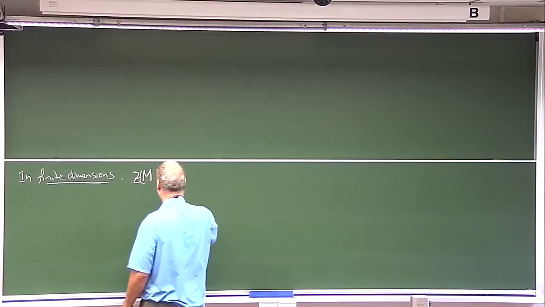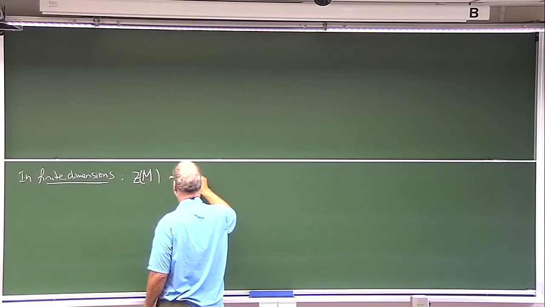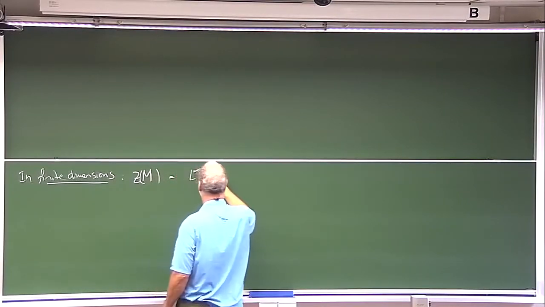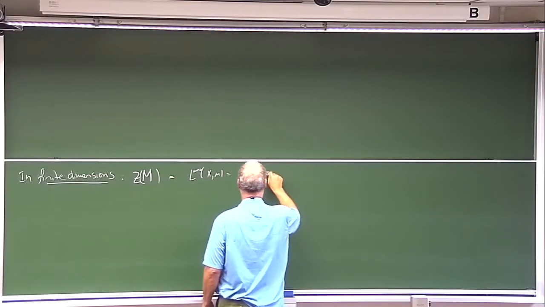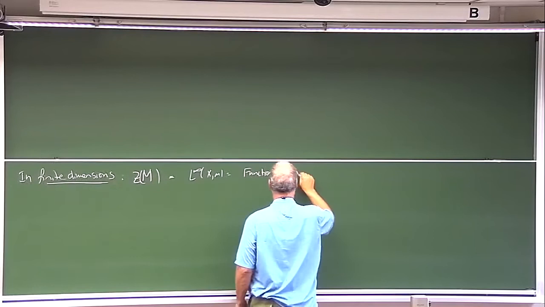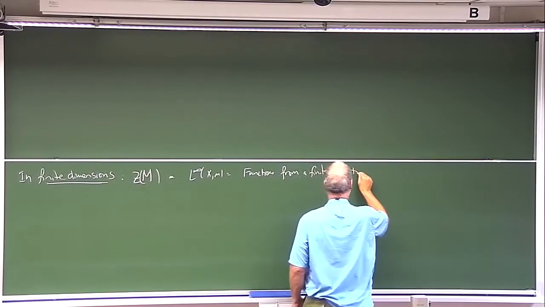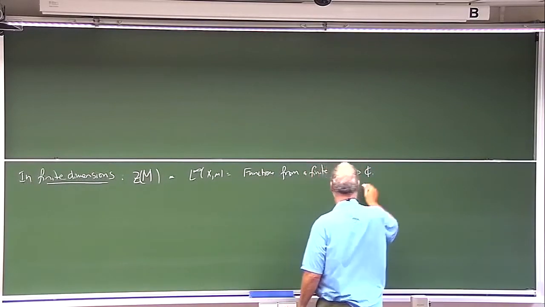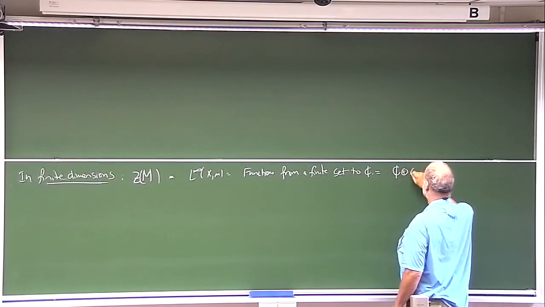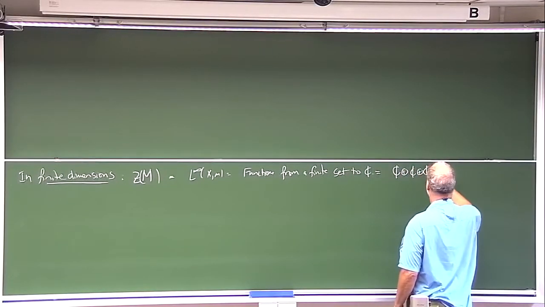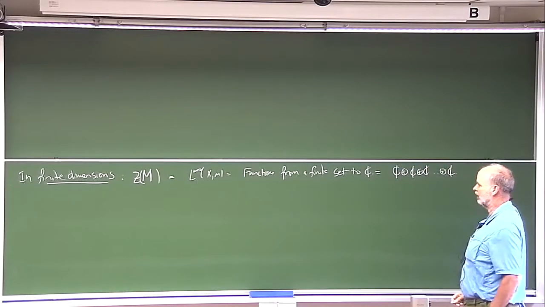So the center is just L infinity of X, mu, which is just functions from some finite set. And I want to think of this in another way as being C direct sum C direct sum C. Okay, this is just another way of saying the same thing.